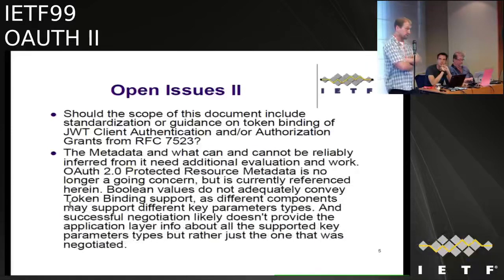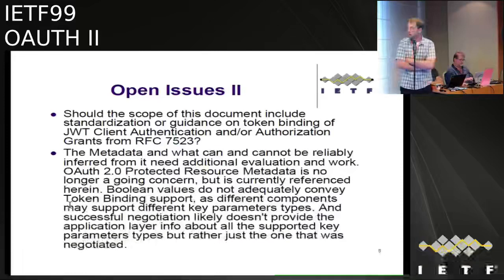Since John's in favor of it, I'd love for him to write it down. But since I know that won't happen, it would be probably a small subsection of the document that describes how one would use the confirmation claim with the token binding hash confirmation method inside of it, in the context of JWT client authentication. Not real controversial. Yeah, looking forward to seeing it.